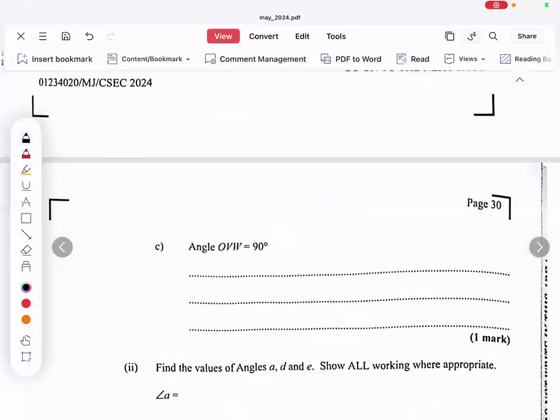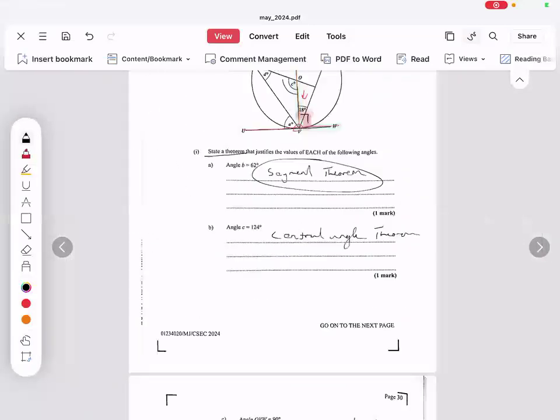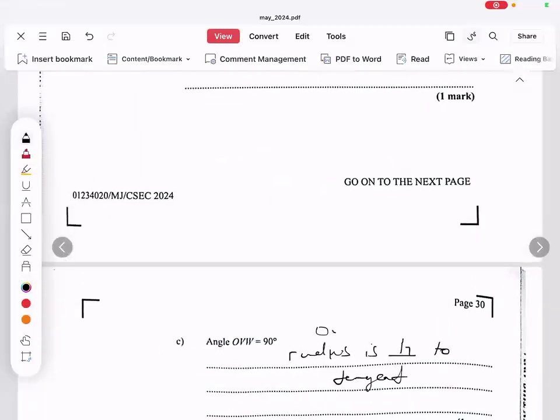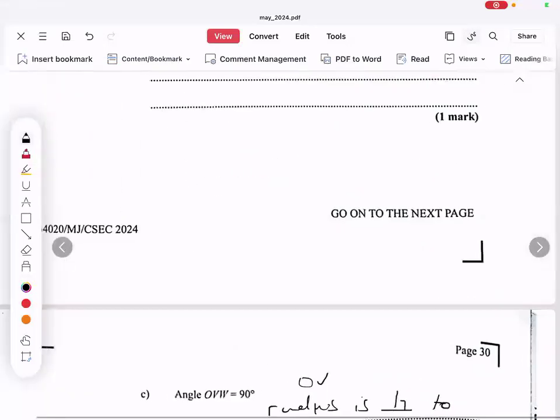All right, so you're just going to say the radius is perpendicular to the tangent. That's it. If you want to be specific, you can say, like what Sujani was saying, radius OV is perpendicular to the tangent UW.